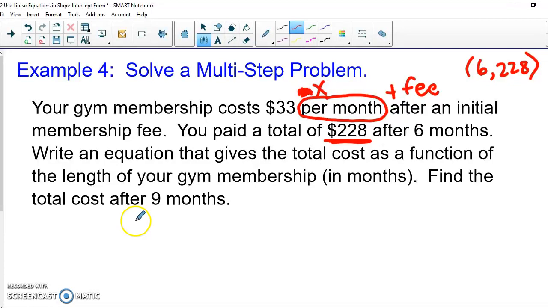So what I know is that my total cost, my gym membership, is going to be a function of how many months I'm a member. So it's going to be $33 times how many months I work there, and then plus there's going to be an initial fee.